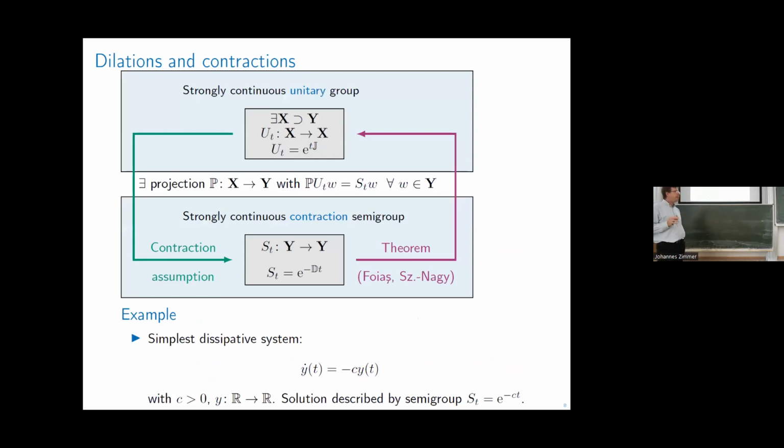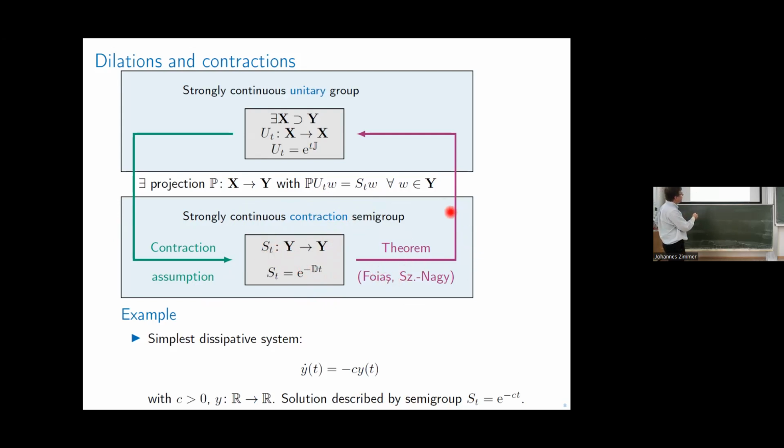So maybe I go through this with the help of a simple example. What I really want is, the philosophy is, this is the macroscopic picture. This would be the thermodynamic evolution. We have a contraction semigroup, which I write as e to the minus Dt in a small space.